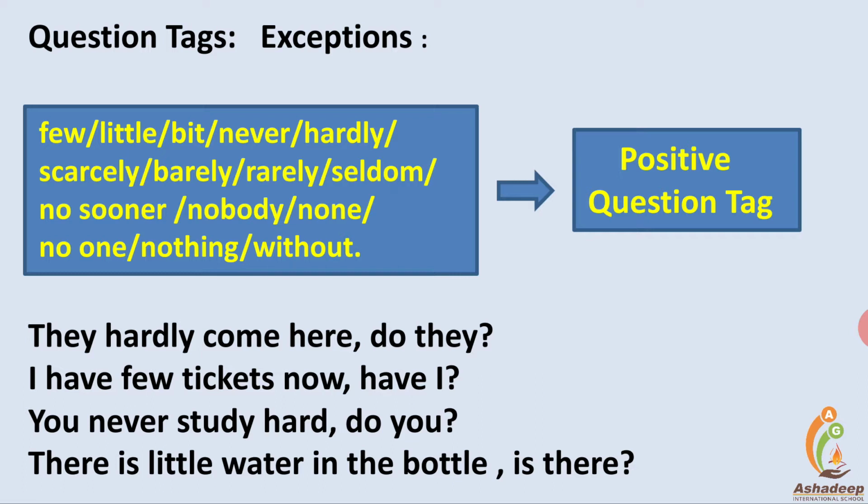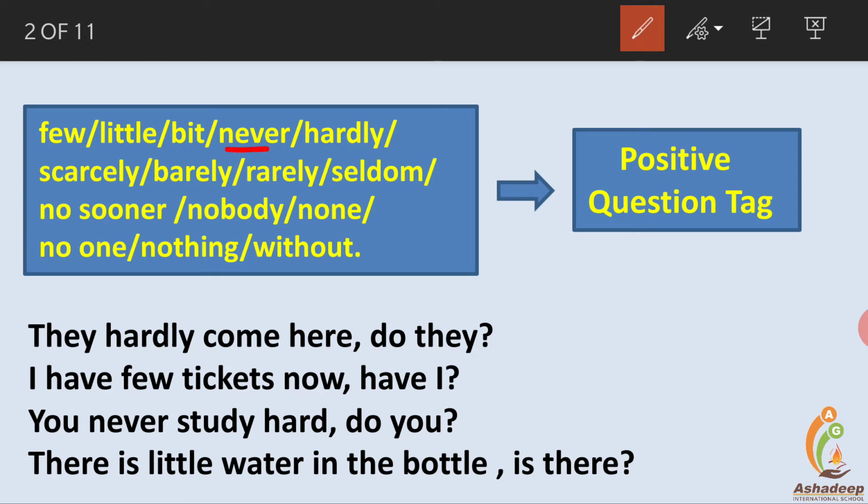Here friends, there are two parts before you. In this dark background table, a few words are given: few, little, bit, never, hardly, scarcely, barely, rarely, seldom, no sooner, nobody, none, no one, nothing, and without.